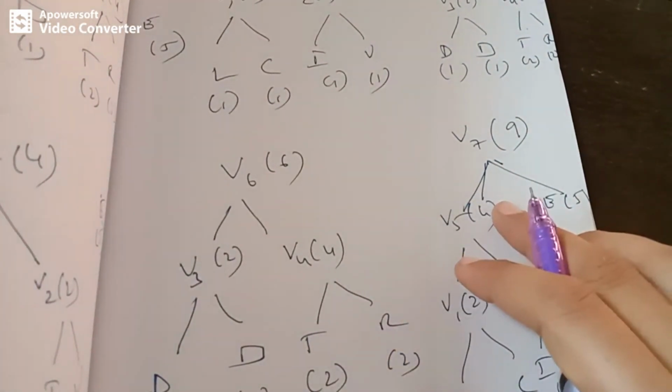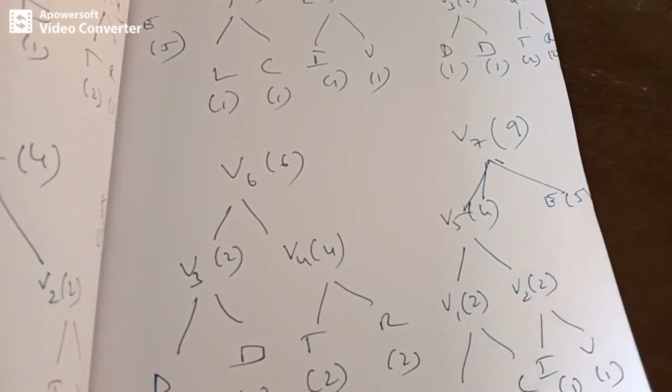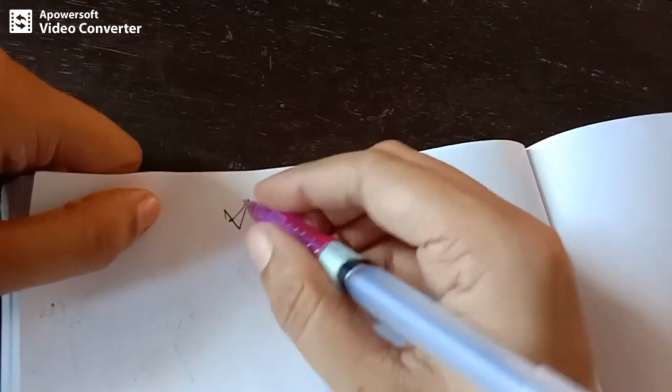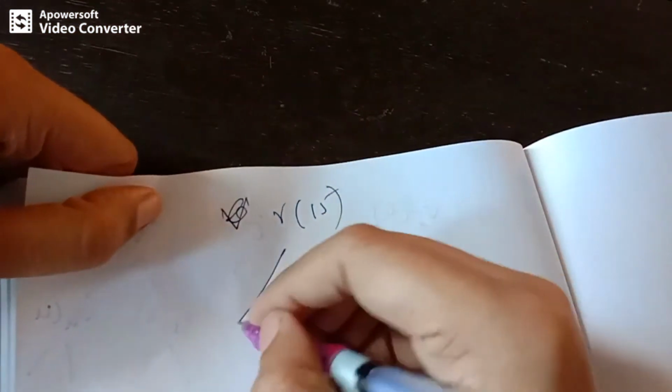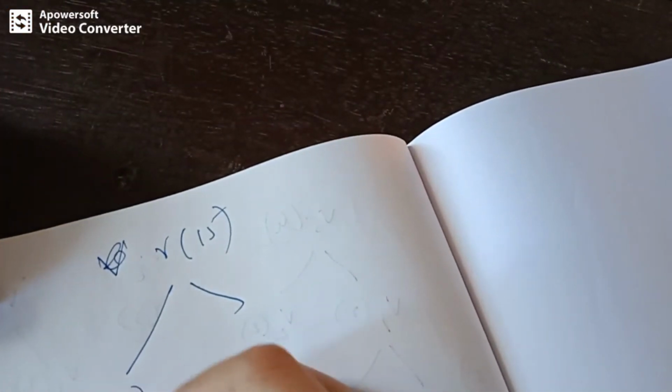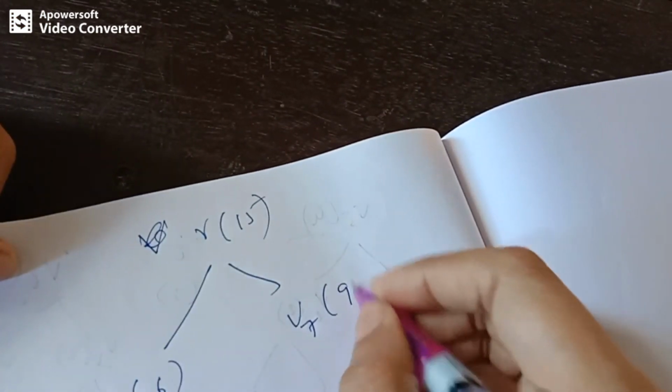Okay, now we have got two trees. Finally, we will be getting a combined tree whose weights are 15. So the new tree is having a root whose weight is 15. And the children are V6, 6, V7, 9.